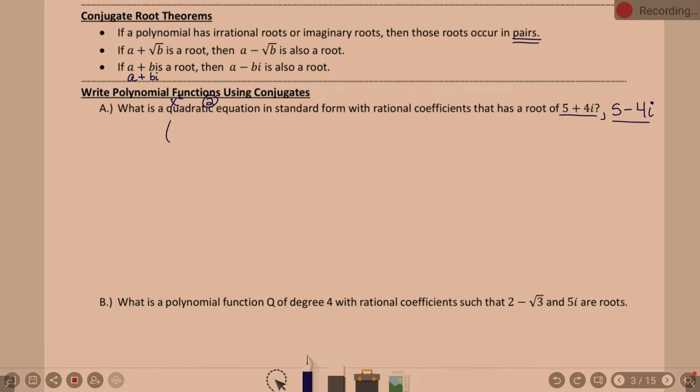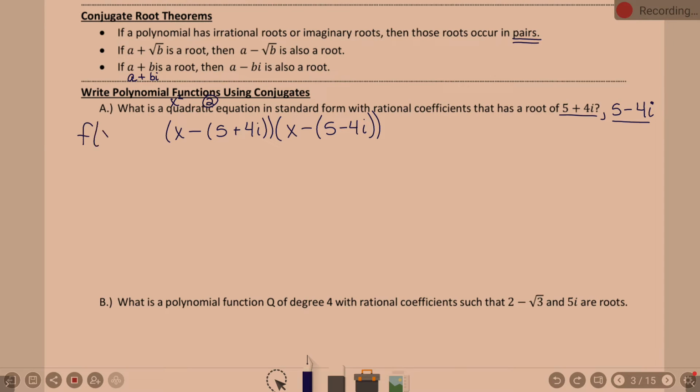So we're going to write this as x minus the quantity 5 plus 4i. Notice I put x minus, and I put a set of parentheses around 5 plus 4i. The other factor is going to be x minus, what's my other one? 5 minus 4i.